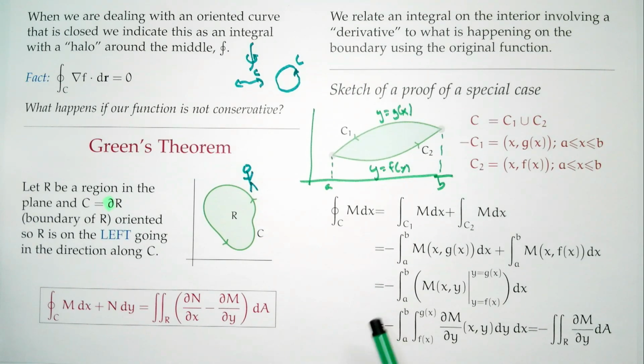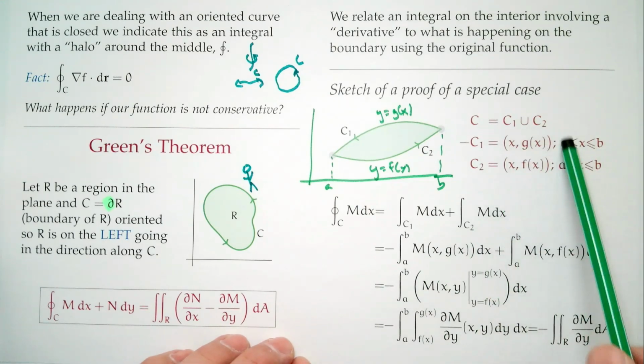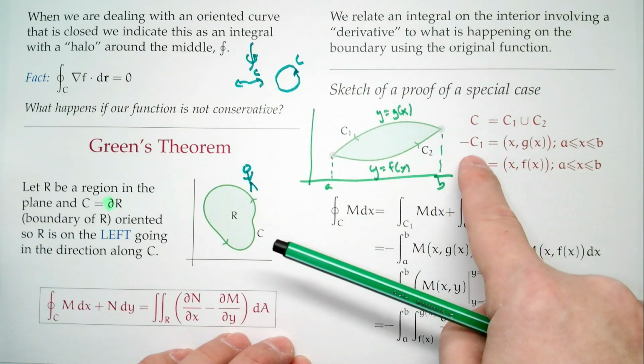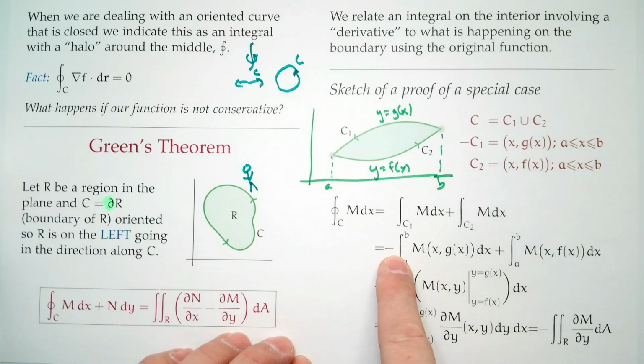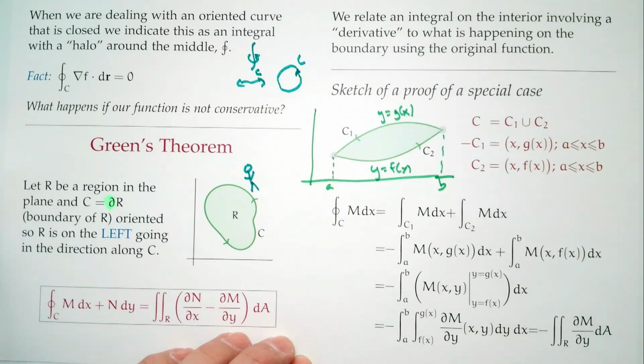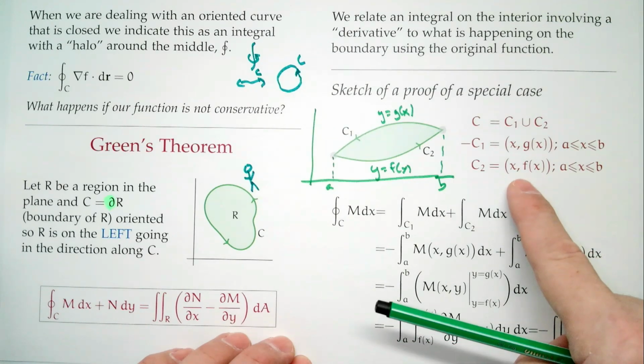If I'm integrating along the top, C1, I'll use the parameterization x comma g of x. Everywhere I see an x, I put x. Everywhere I see y, I put a g of x. And then I'm going from a to b. Now, why is there a negative? Because the orientation got reversed. So that's where the negative comes from. Similar idea for the bottom curve. So a to b, M of x, f of x.